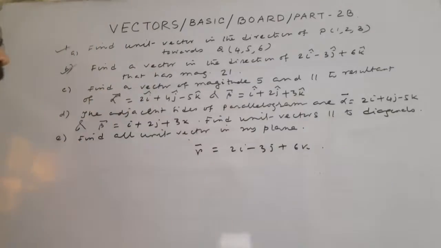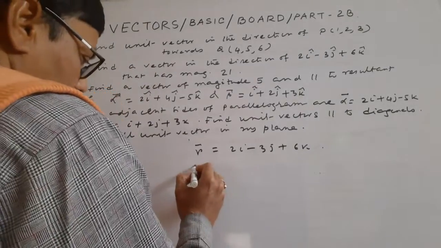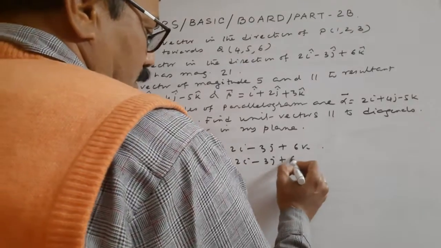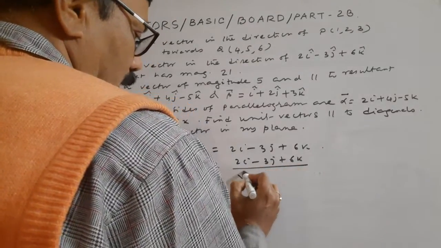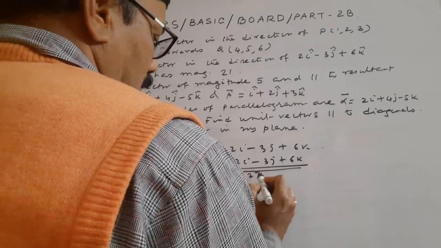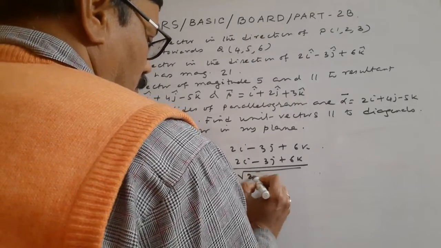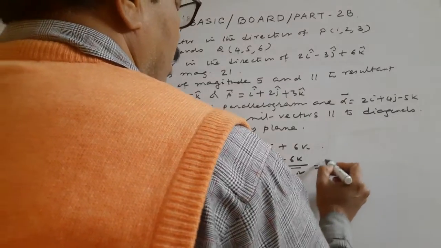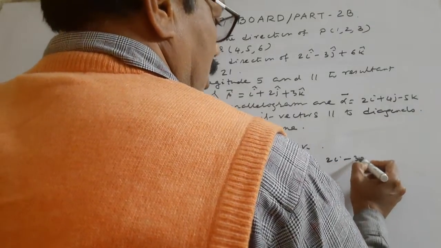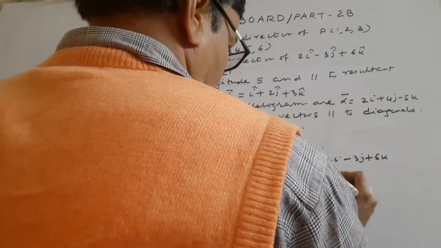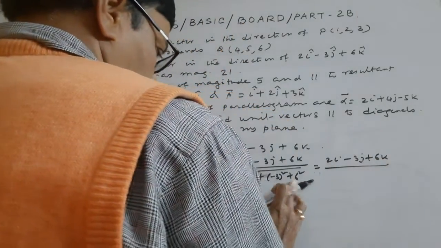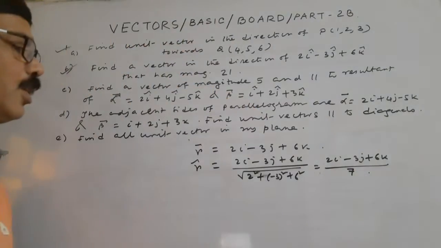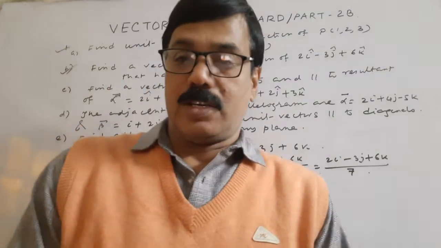So, we find R cap. So, what is R cap? 2i minus 3j plus 6k by root of 2 square plus (minus 3) whole square plus 6 square. So, 2i minus 3j plus 6k by root of 4 plus 9 plus 36, that is 49. So, this is 7. So, this is the unit vector.